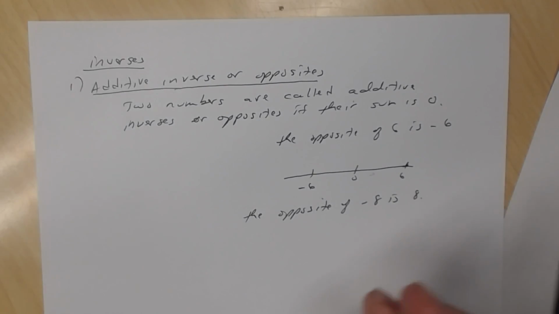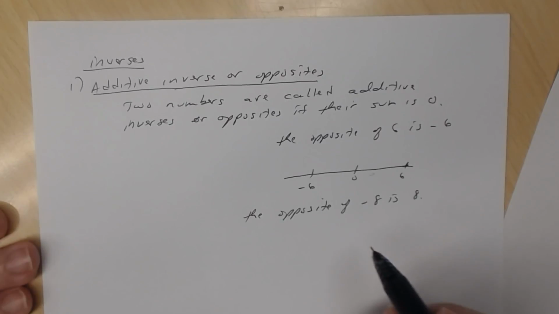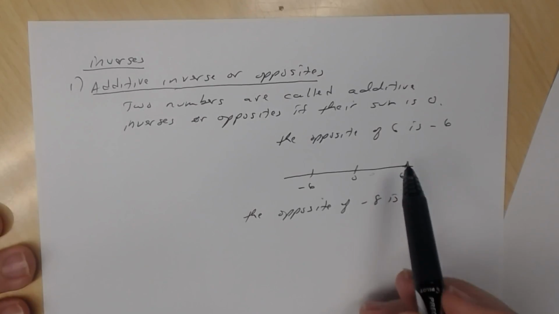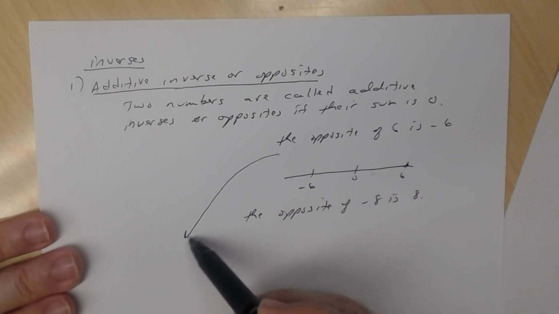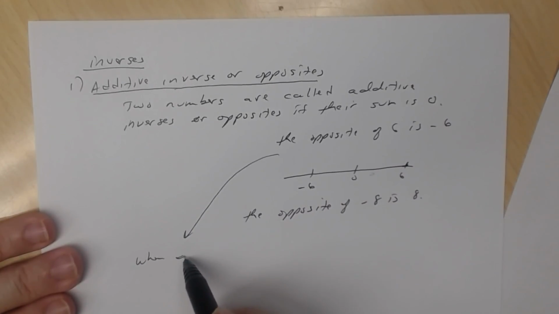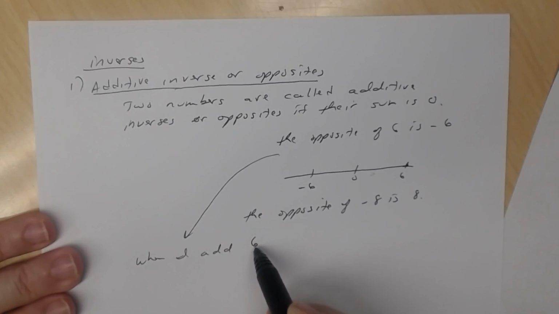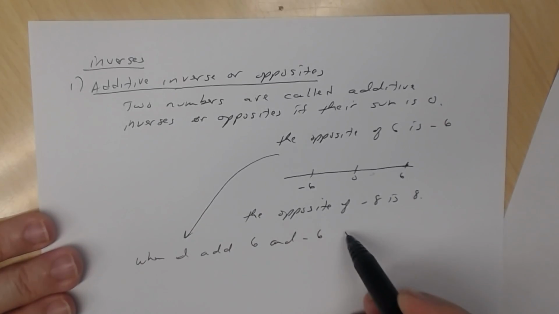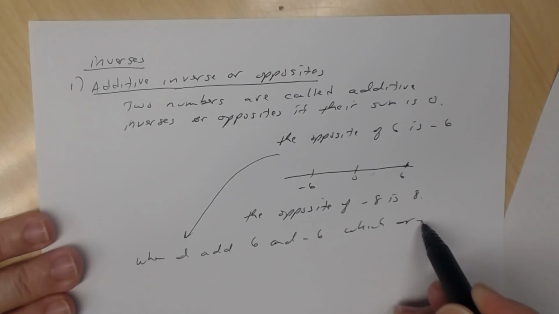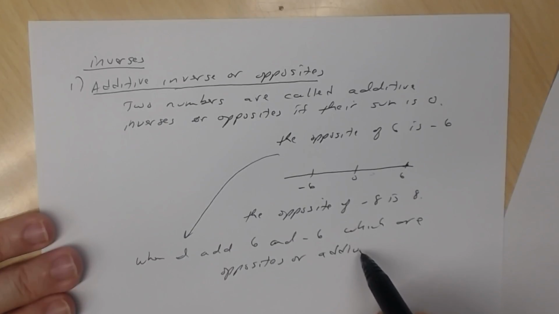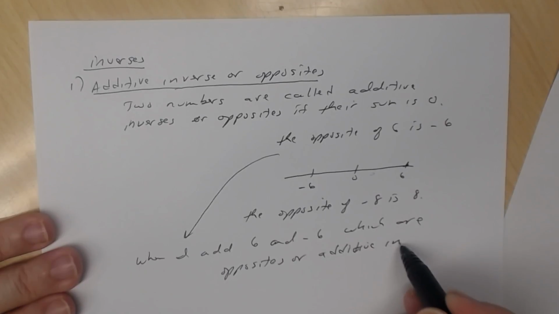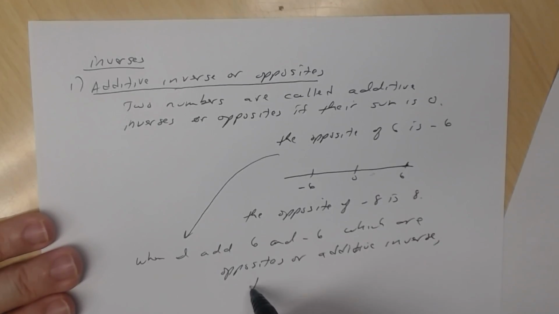So in terms of the number line, they're on opposite sides of 0. Now, the interesting thing is this. When I add 6 and -6, which are opposites, or additive inverses, remember, additive inverses and opposites are the same thing. Their sum is 0.